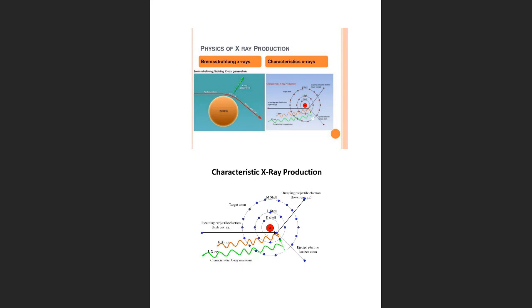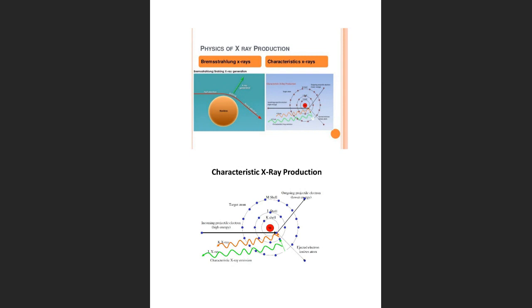If we drop down from the M shell, then that would result in a 66 keV X-ray photon, because it would be 69 minus the 3, which is the binding energy of the M shell. Next, if it was an N shell, we'd have 69 again for the K shell minus 1 for the N shell, so we'd have a 68 keV X-ray photon that was created.